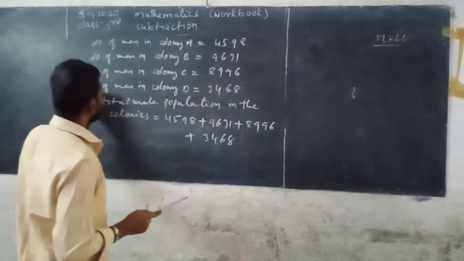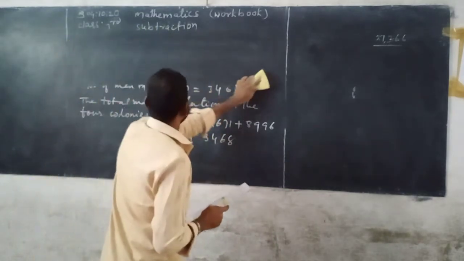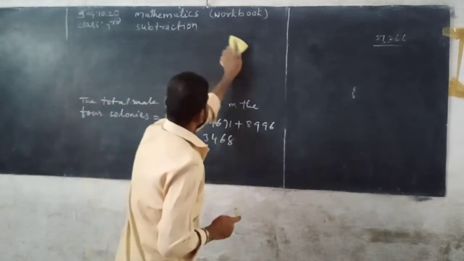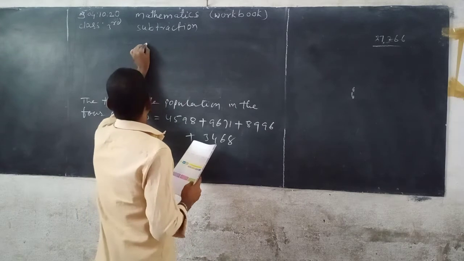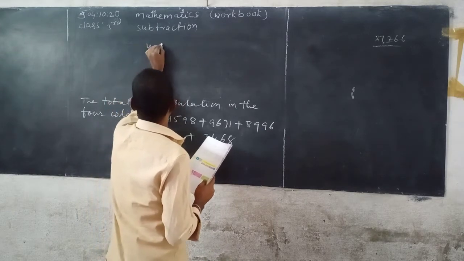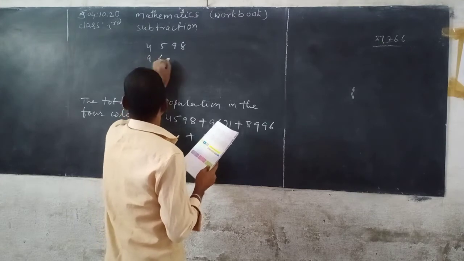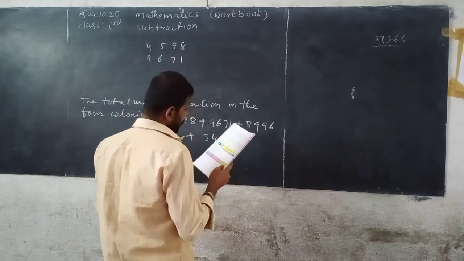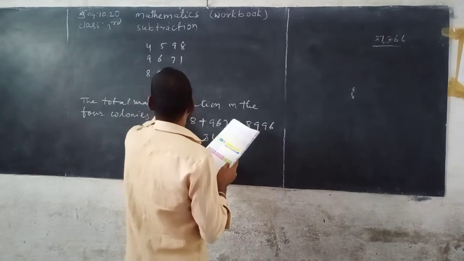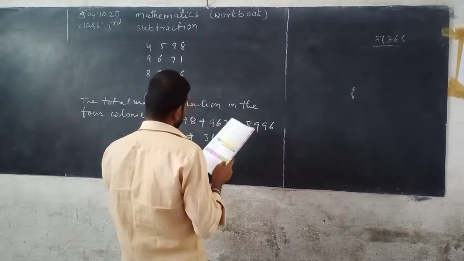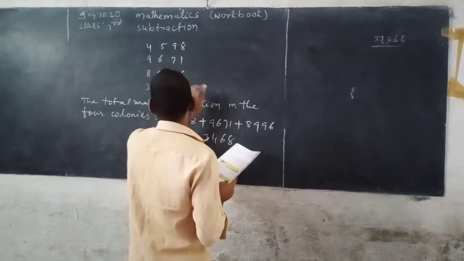Now write down 4,598 plus 9,671 plus 8,996 plus 3,468.